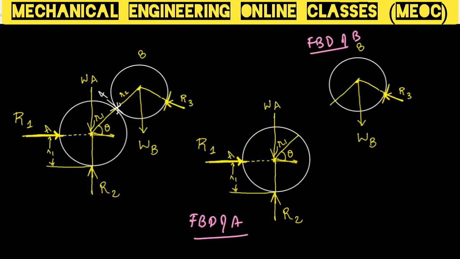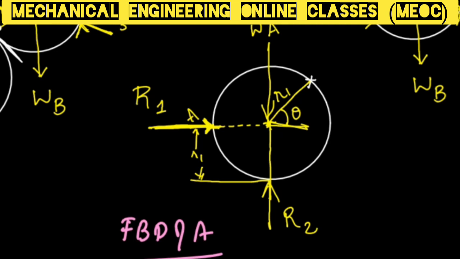So this point 4 is the point of contact of A and B. We are replacing B with a reaction from cylinder B. Let that be R4.